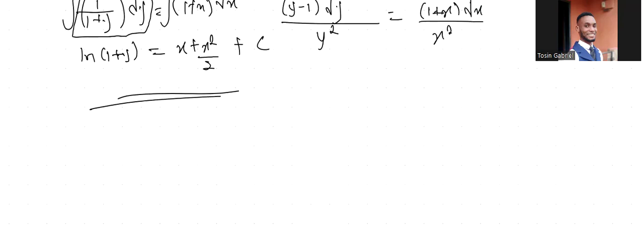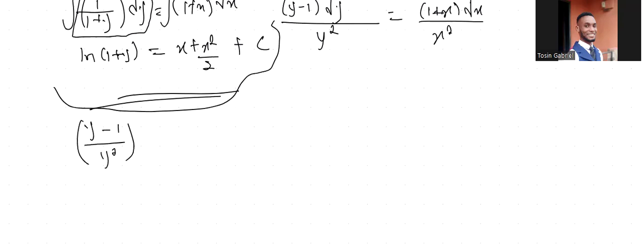All right, so we can have that y minus 1 over y squared dy is equal to 1 plus x over x squared dx.